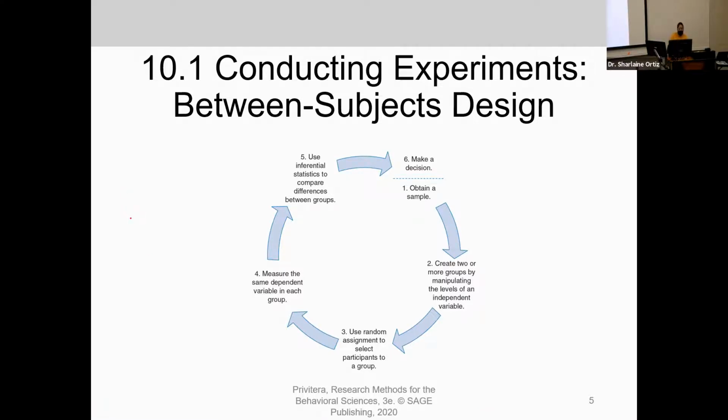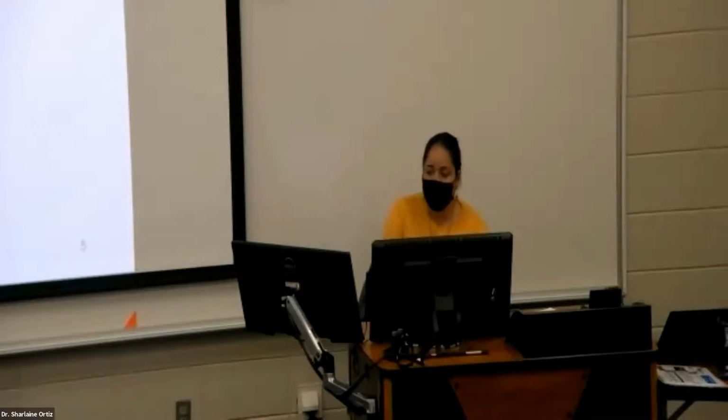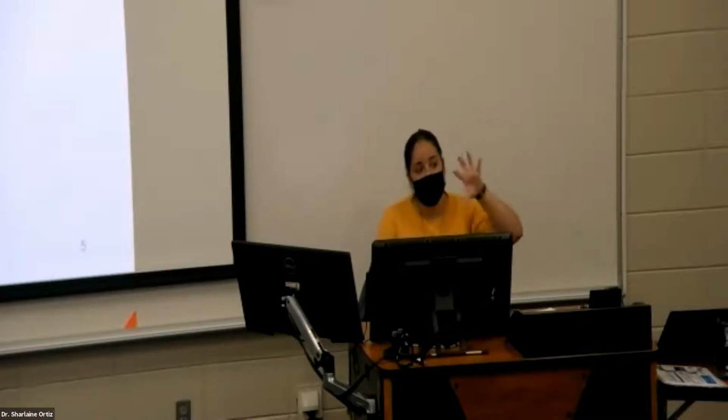So notice we can have a group that is indeed manipulated or exposed to the therapy. And then we have another group that is not exposed to therapy, right? Also, we would consider that the groups that are exposed to each level are also separate groups. So we can have a group that is exposed, say, to general outpatient.